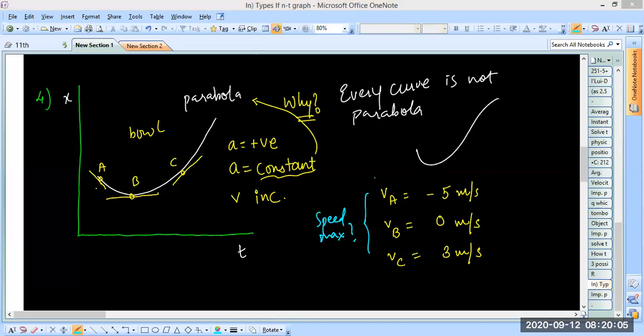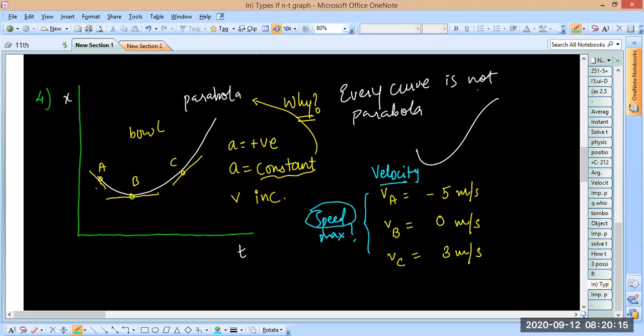All right. I have written these are velocities, correct? Agreed? These are velocities. Speed. What is speed? Can you tell me, everyone? Can you write what is speed?